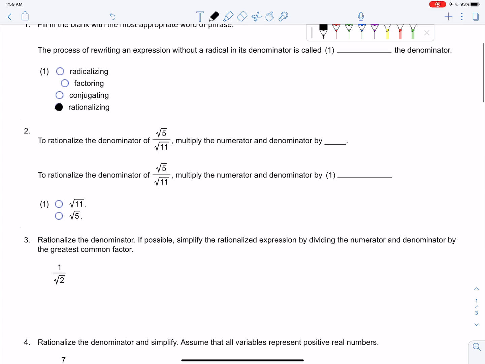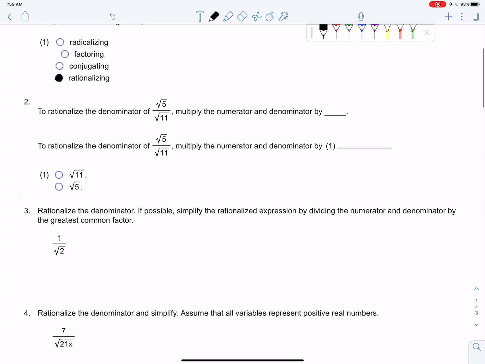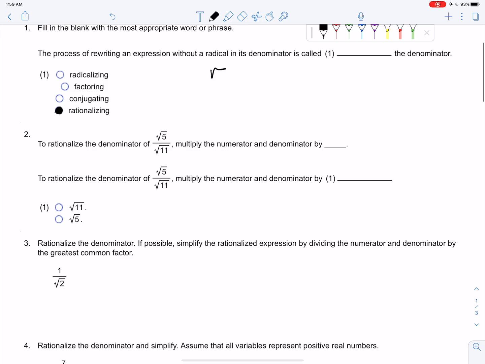Okay, so the very first one says to rationalize the denominator, multiply the numerator and denominator by what? Well, let me just do it right up here. If I had the square root of 5 over the square root of 11, the logic here is, we always need to know what the root index is. And the root index, if you don't see it, is definitely going to be a 2.